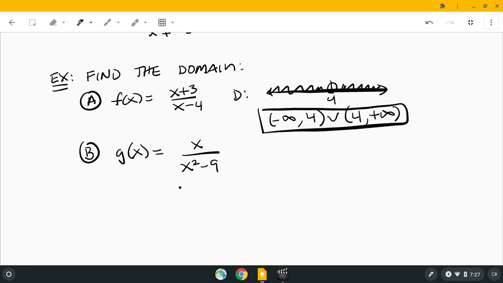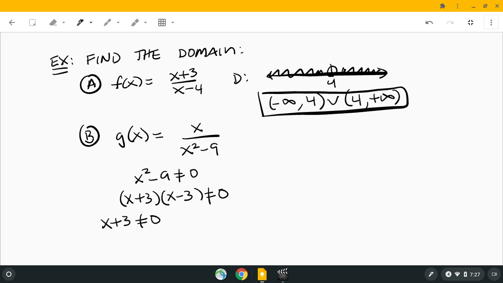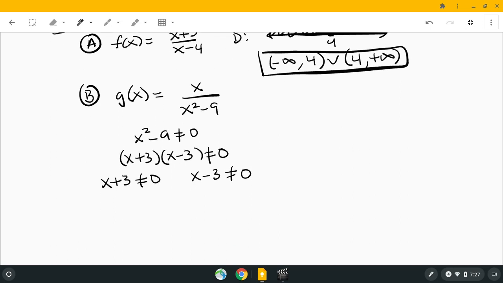Here we have to factor, right? So x squared minus 9, we don't want that to be 0. That's perfect squares, so that's x plus 3, x minus 3. We don't want that to be 0. So x plus 3, we don't want that to be 0. X minus 3, we don't want that to be 0.